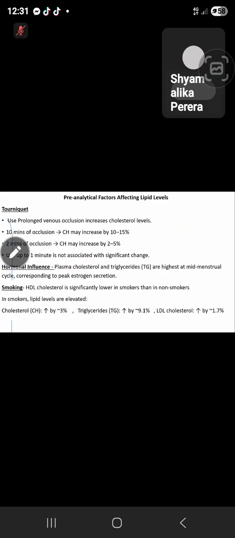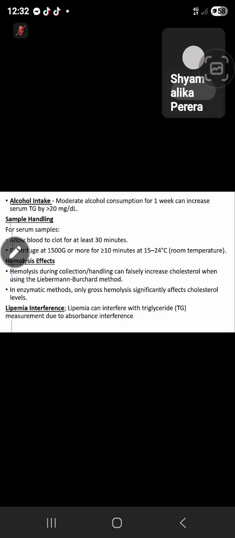Lipid levels are elevated: cholesterol by 3%, triglyceride by 9.1%, LDL by 1.7%. So anyway, for lipid profile patient preparation, smoking, alcohol, and strenuous exercise should be banned. Alcohol intake will increase serum triglyceride by more than 20 milligrams per deciliter.